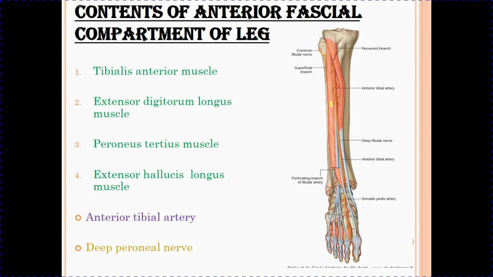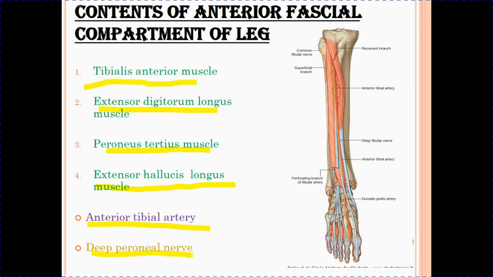We have four muscles in the anterior compartment: tibialis anterior muscle, extensor digitorum longus muscle, peroneus tertius muscle, extensor hallucis longus muscle. The main artery of this compartment is anterior tibial artery, and the main nerve of this compartment is deep peroneal nerve. We are going to discuss all these contents in the next slides one by one.